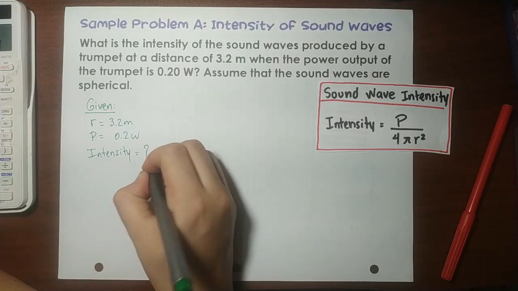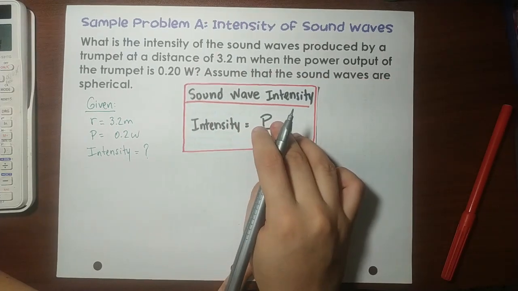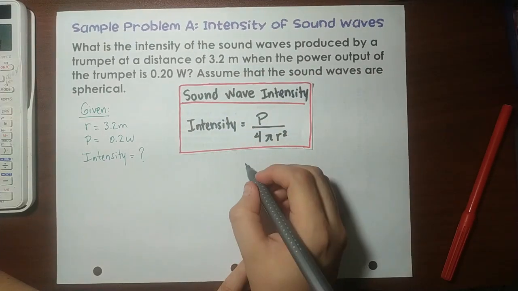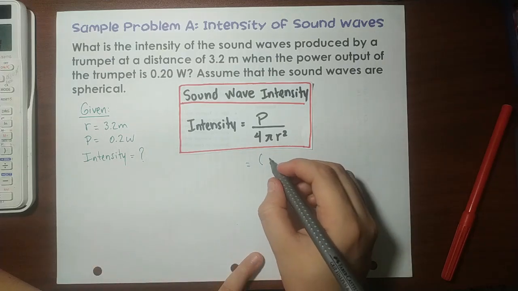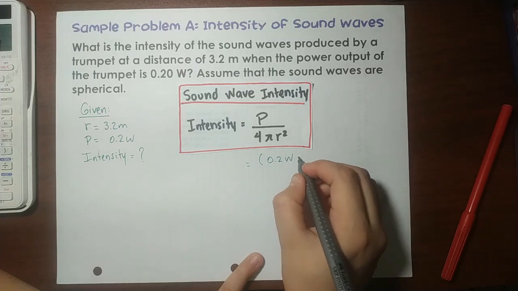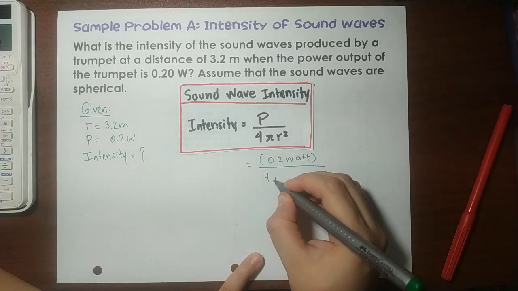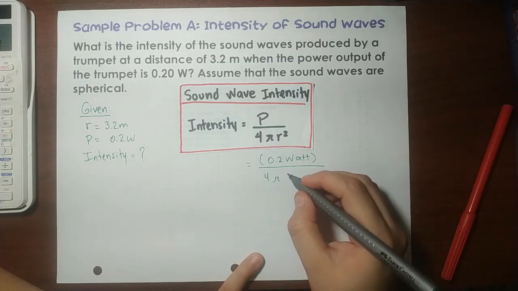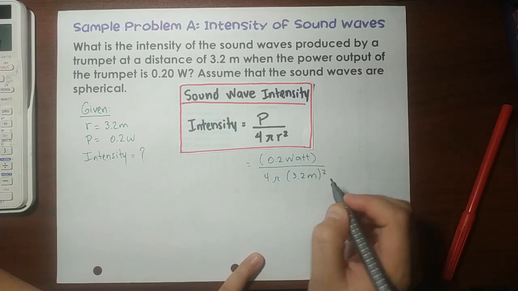Intensity is unknown. So I apply the equation here. To calculate intensity, I need power, which is 0.2 watts, divided by 4 pi, which is a constant, and the radius, that is 3.2 meters to the second power.